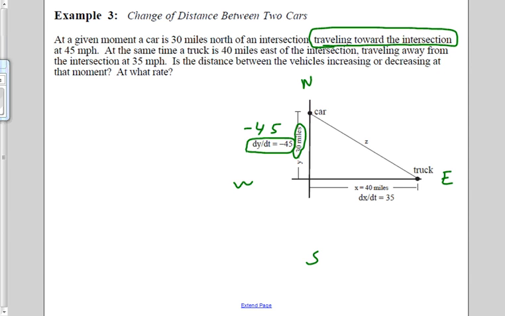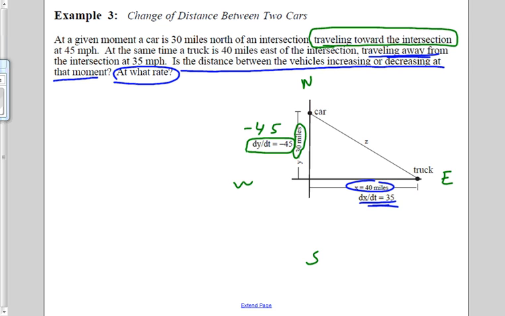And at the same time, a truck is 40 miles east. So here's our truck that's 40 miles east, moving away. So its distance is increasing. So dx/dt is 35 miles per hour. It says, is the distance between the vehicles increasing or decreasing at that moment? And at what rate is it increasing or decreasing? Well, this is an interesting question.